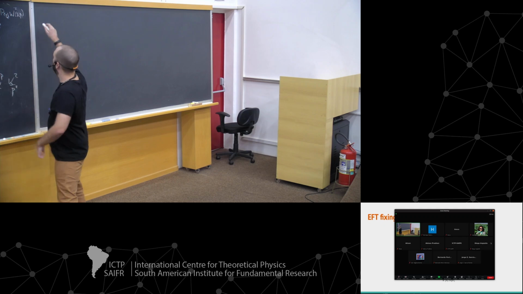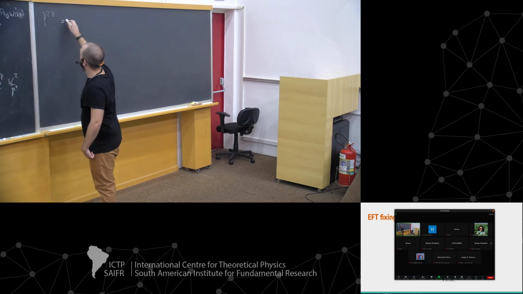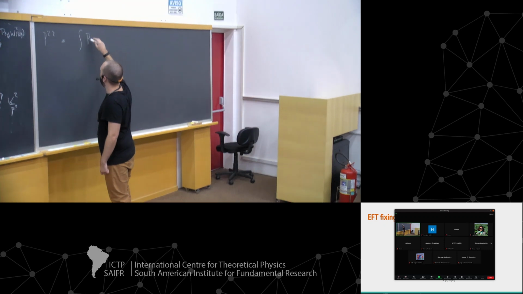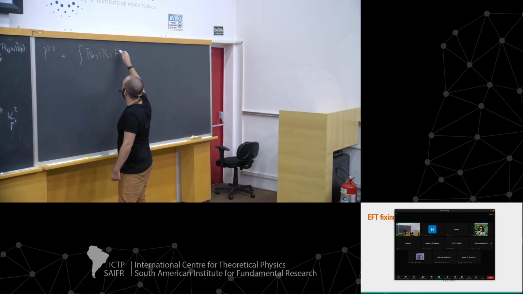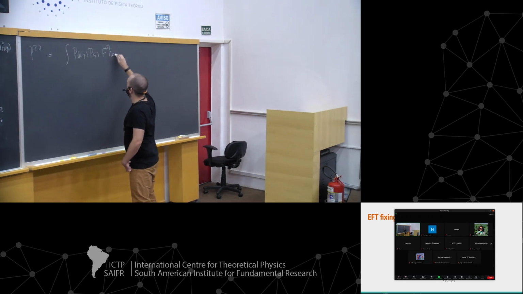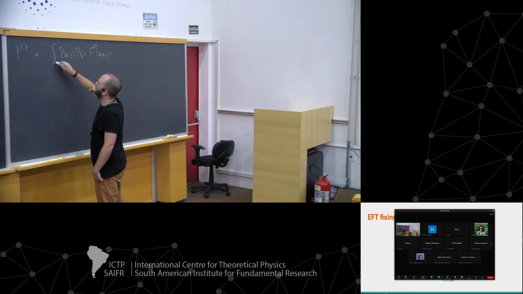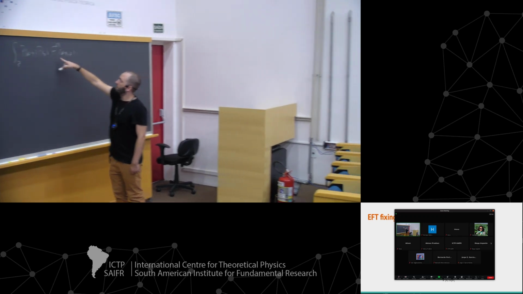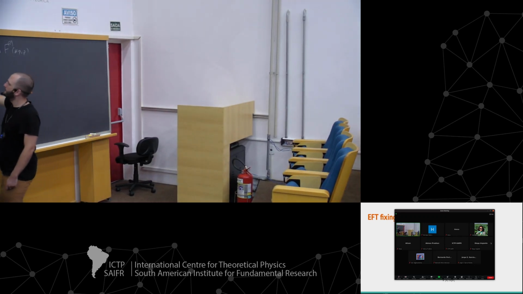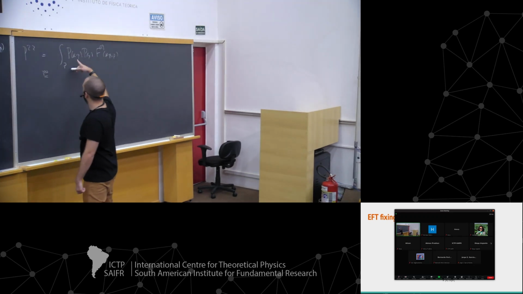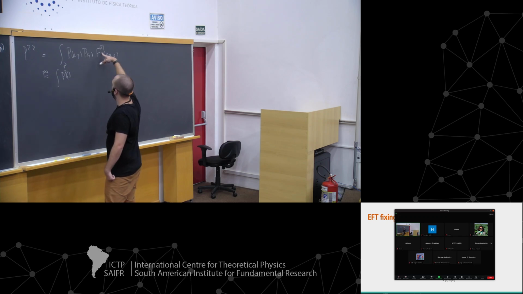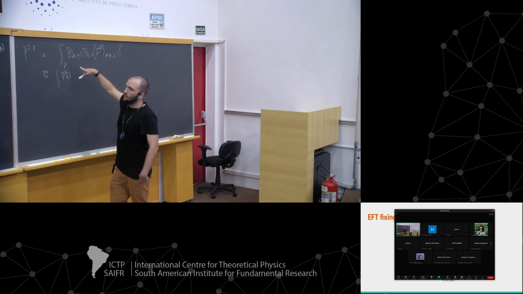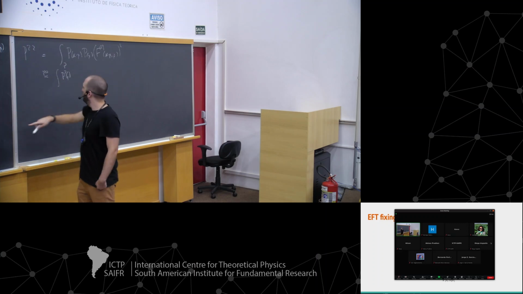So when I compute P22, which is something like an integral of P(K minus P) P(P) F2(K minus P, P) squared, I know that when I take P to be larger than K, F goes as K square over P square.